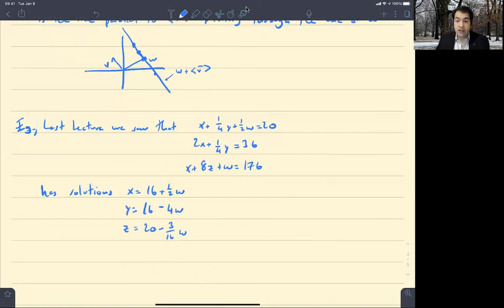So remember, in this case, we found that w was a free variable, and x, y, and z were pivot variables. So solving the system meant writing the pivot variables in terms of the free variables. So here, these are the solutions where w is an arbitrary real number.